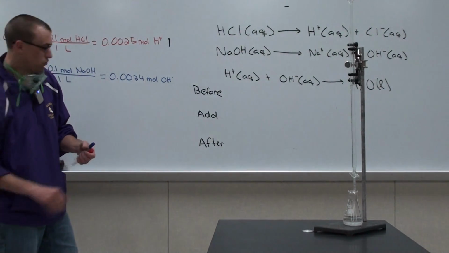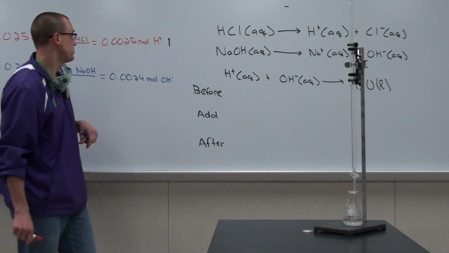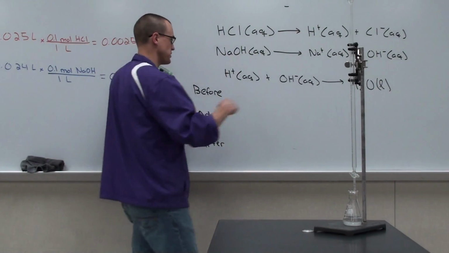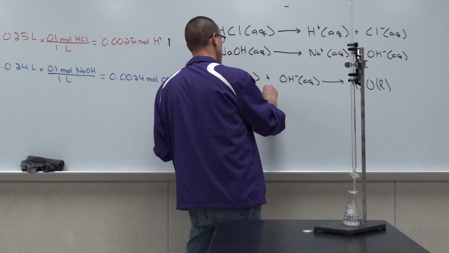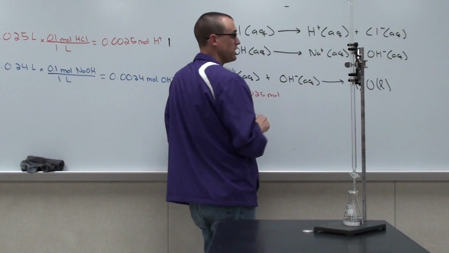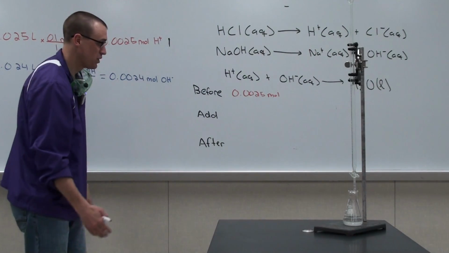So in this before category, again, the number of moles of H plus stays the same at 0.0025 moles of H plus. So we have 0.0025 moles of H plus acid before we began this whole experiment.